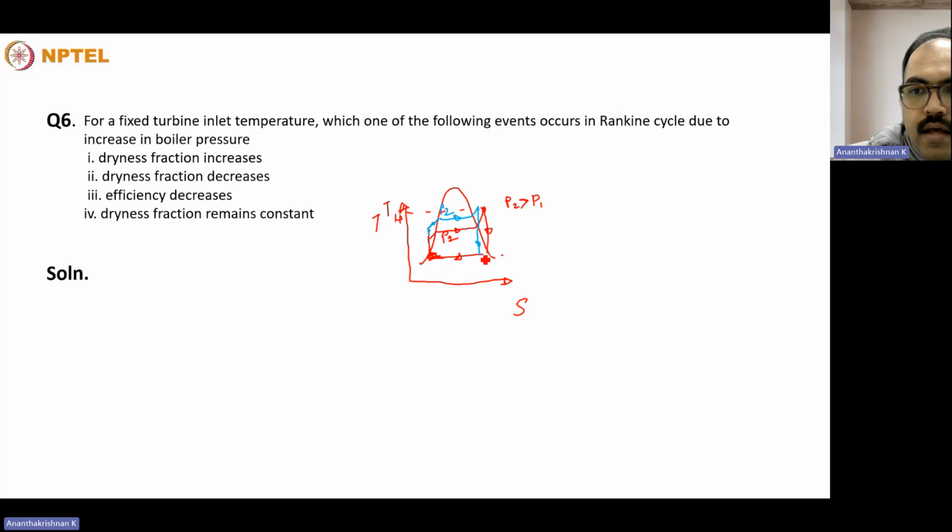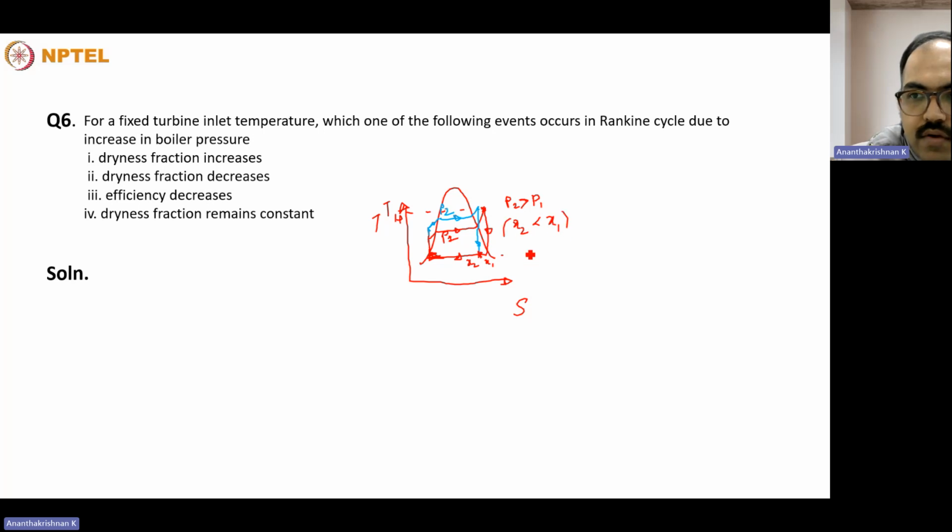And correspondingly, the point of exit, the outlet point of the turbine, will be at a lower dryness fraction compared to that of the initial case. So this gives x2 less than x1.